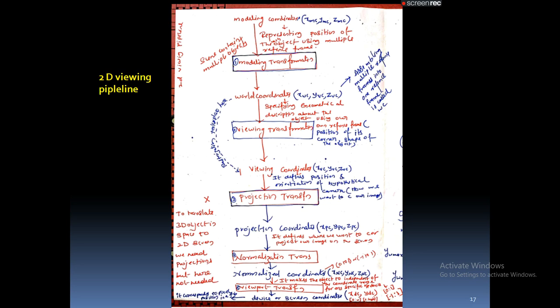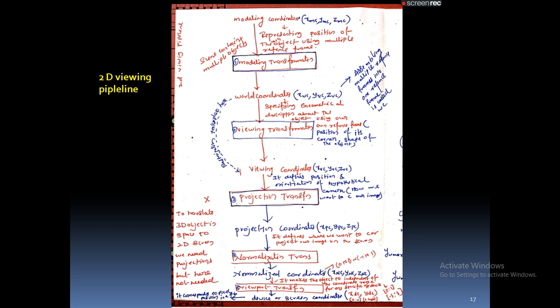After performing this series of transformations, that image is displayed in the form of pixels on the screen of the monitor within a specified position. And to perform this, we are using two types of windows. We are using a clipping window that defines what you need to display, or which part of the object you decided to display on the screen of the monitor.